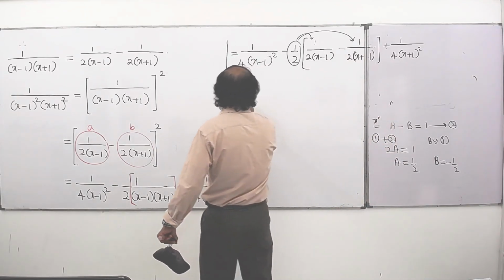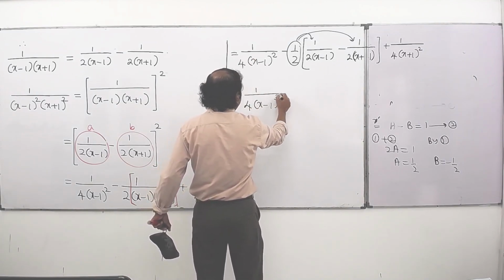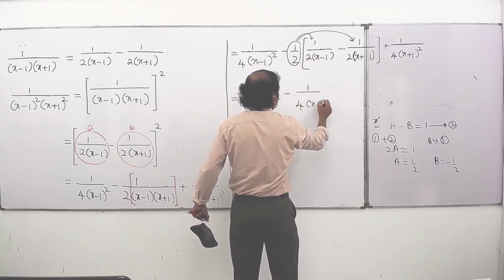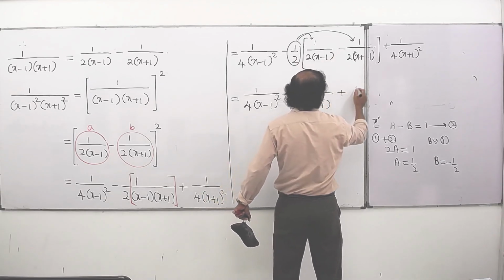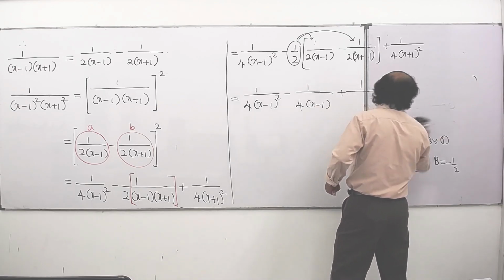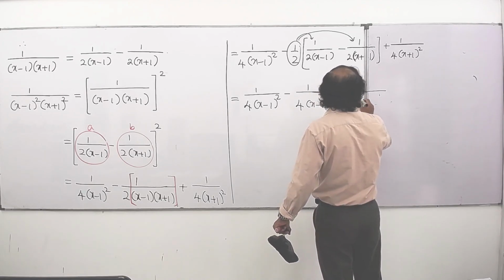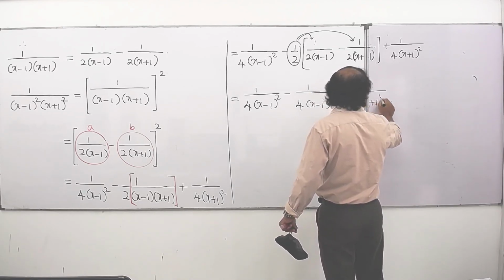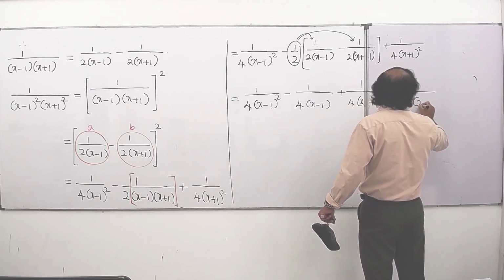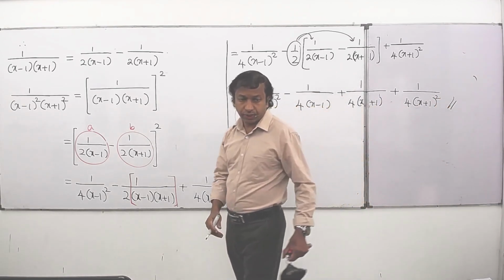Then we get 1 over 4 times (x minus 1) perfect squared, this and this when you multiply, 1 over 4 (x minus 1), this and this, plus 1 over 4 (x plus 1), and here 1 over 4 (x plus 1) perfect square. This is how we take the partial fraction of that.